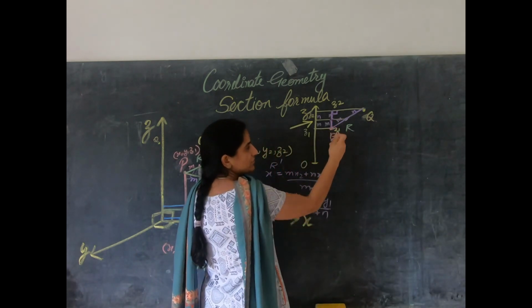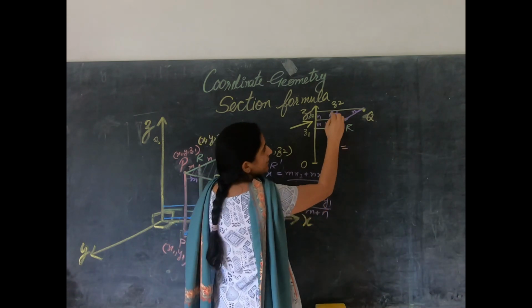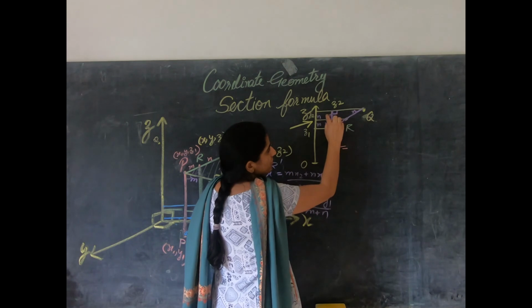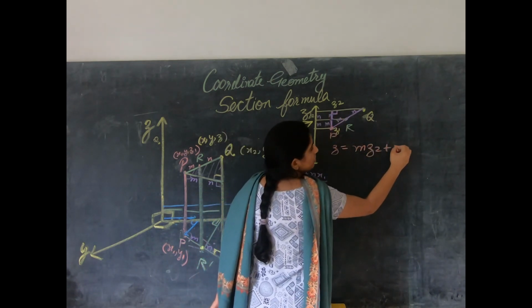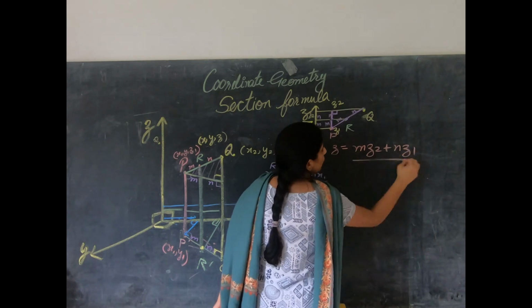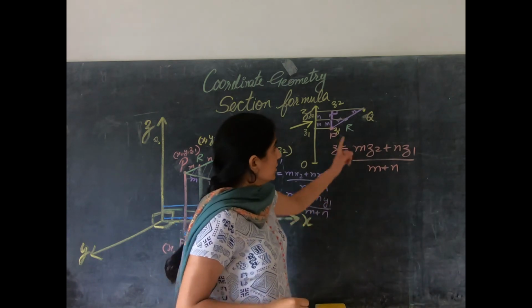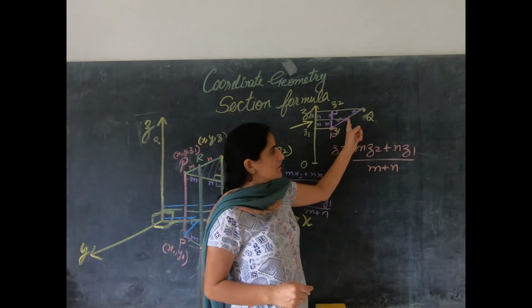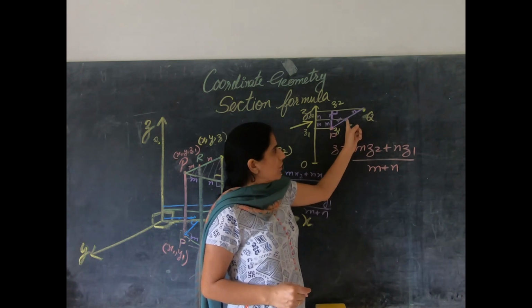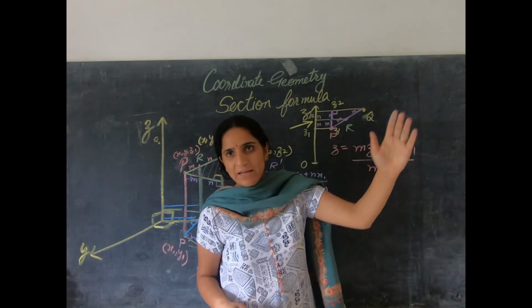So the coordinates of this point, suppose this is Z, are going to be (mz2 + nz1) over (m + n). Now this is the Z coordinate of this point, and the Z coordinate of this point will be the same as they lie in the same plane.